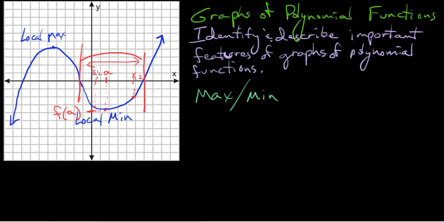Whatever x I choose, let's suppose I choose x sub 1, this is f at x sub 1. Or I choose x sub 2, this is f at x sub 2.